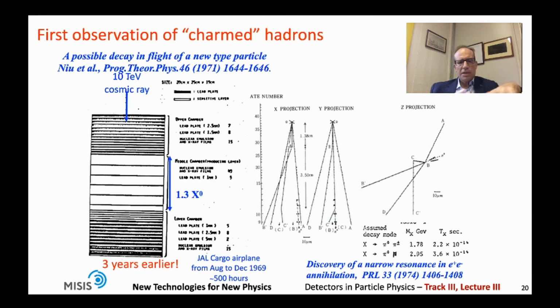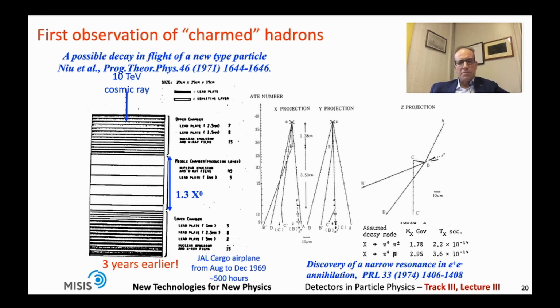So let me give you some other important achievements which were done with the nuclear emulsion technology. It is not very well known that indeed a charm particle was observed already in 1971. The typical discovery date for the charm is assumed to be 1974, with the discovery of a resonance in e+ e- annihilation.